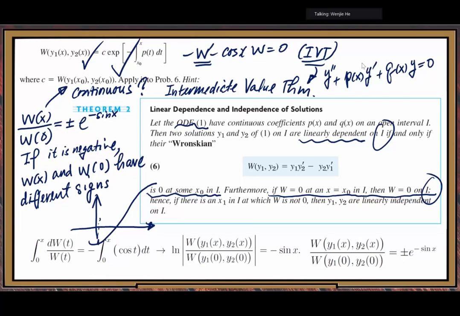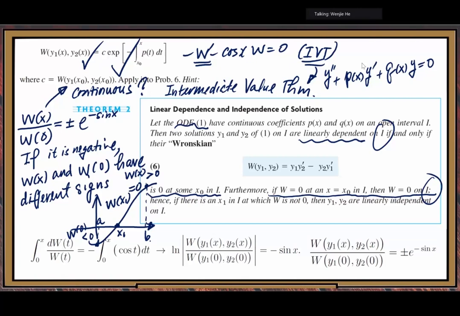This point is A, this point is B. If at point A the function is negative, less than 0, and at point B it is positive, greater than 0, so W of 0 is less than 0, and here W of x is greater than 0, there must be an intermediate point between A and B, let me call it x1, such that W of x1 is 0. That's the intermediate value theorem.